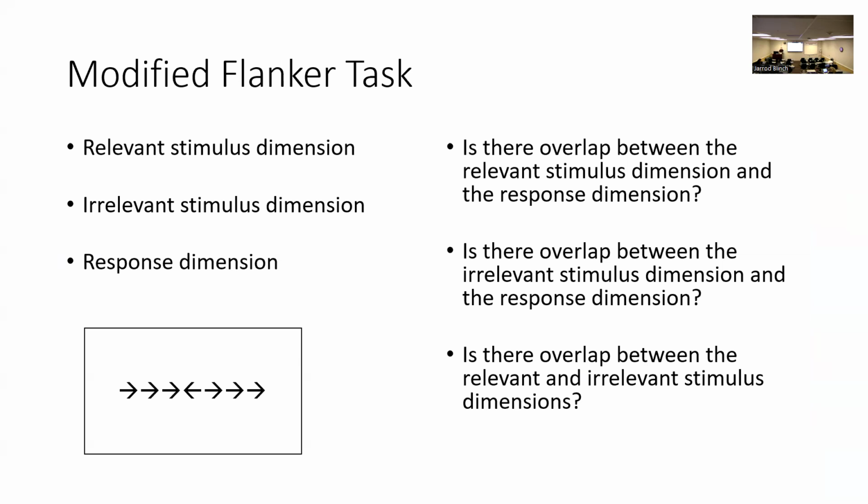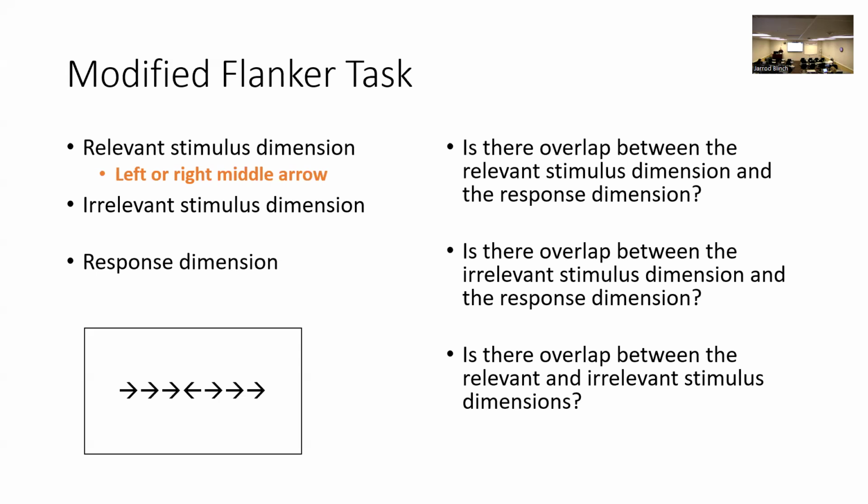So what's our relevant stimulus dimension? So what are you looking at to respond in this task? Middle arrow. Okay. So it's the middle arrow, and is it left or right?